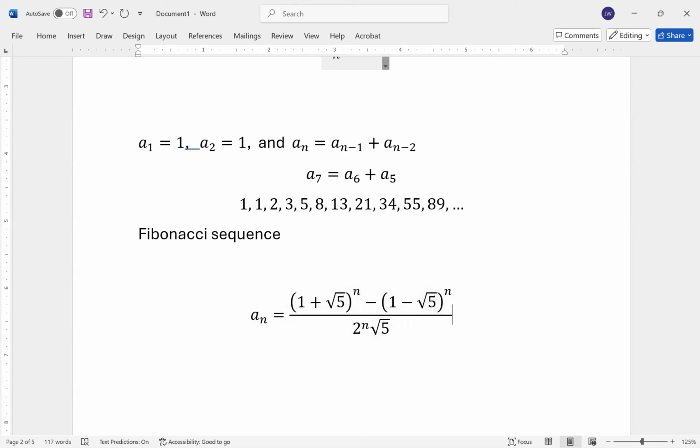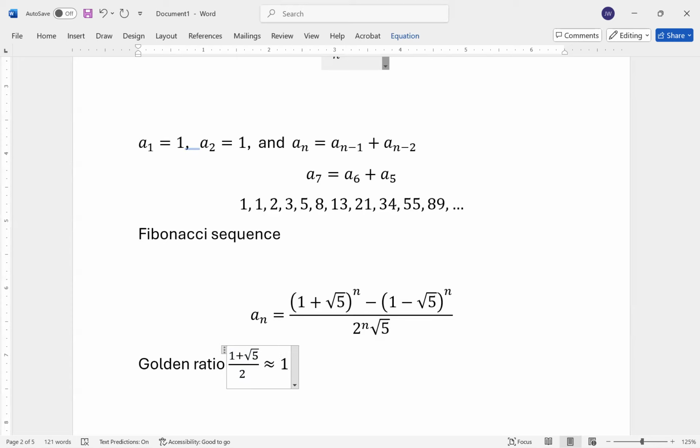So golden ratio, I'll just write that down, is the fraction (1 plus the square root of 5) over 2, which is approximately 1.61 or 62.